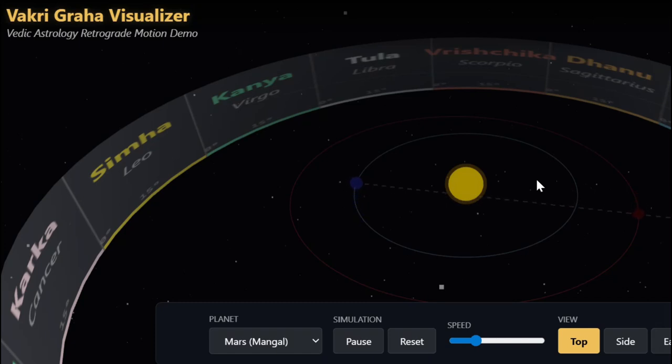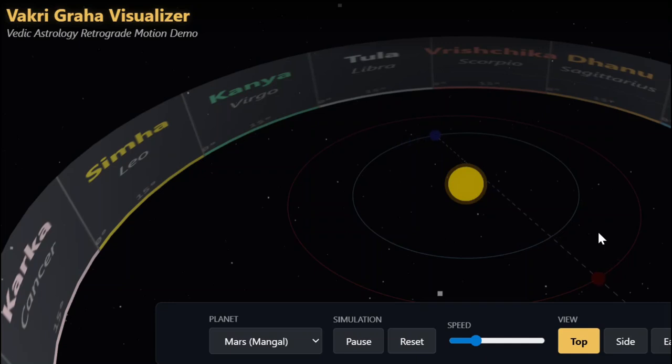Now I will show you with the help of this app. Here it is written Margi or direct. This blue is Earth, red is that planet, and this white is the projection of this planet on the zodiac.